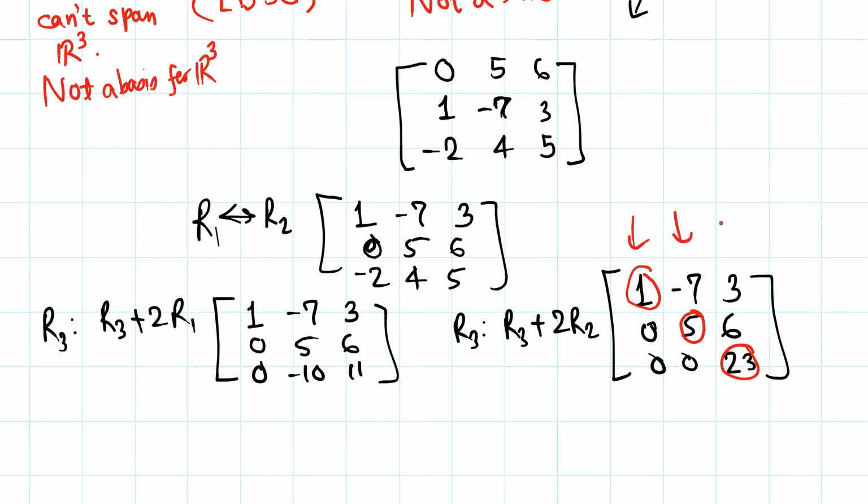3 pivot columns for 3 vectors, so it is a linearly independent set. And looking at the rows, we got 3 pivot rows. That means they span R3. If we have any vector in R3, with any numbers a, b, c, we can find a solution. So the answer is yes.